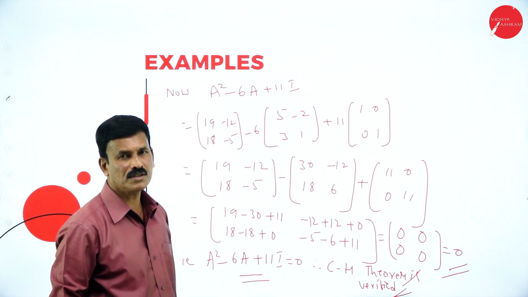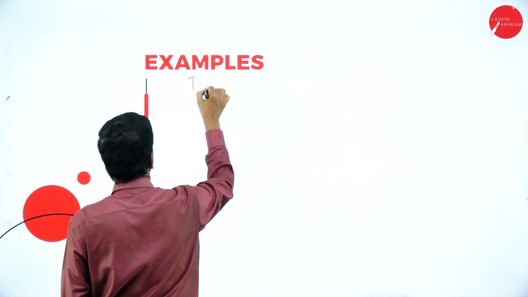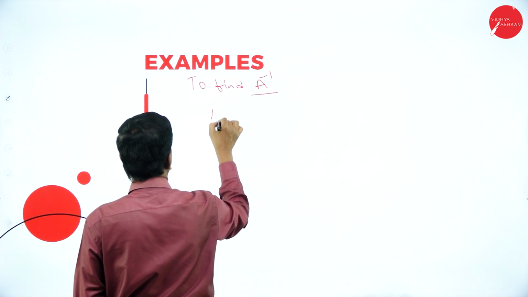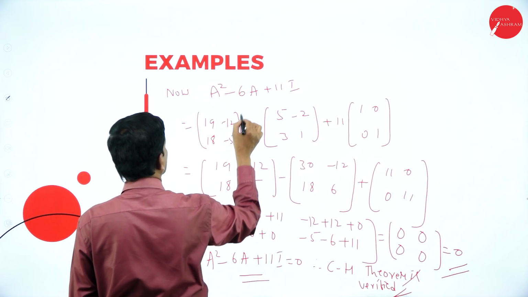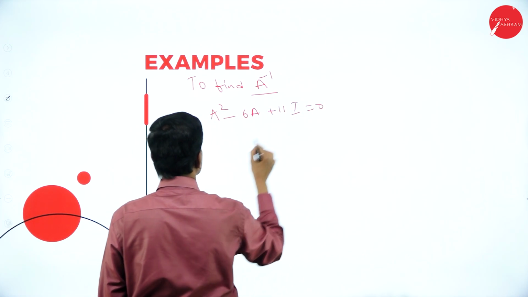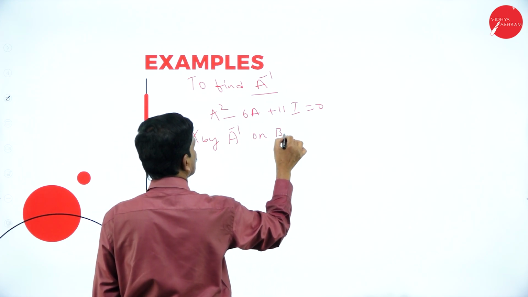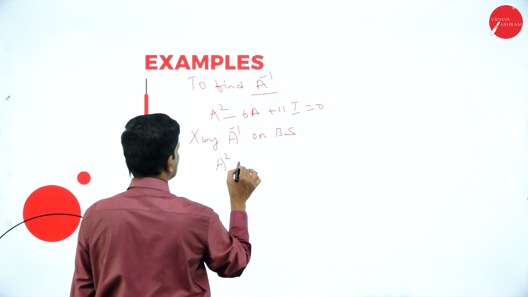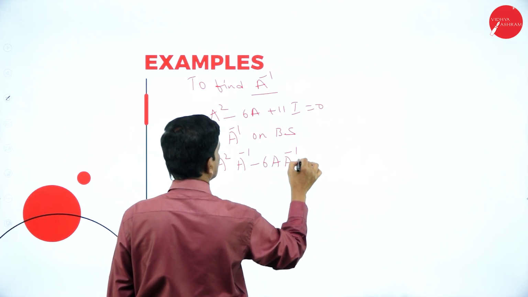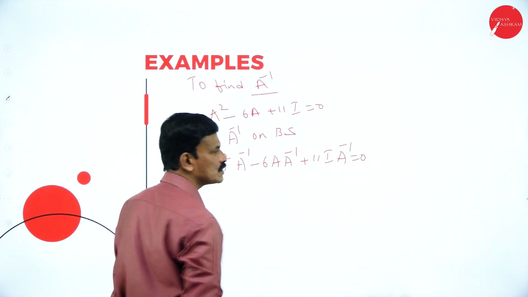The Cayley-Hamilton theorem is verified. So, to find A inverse, we have A square minus 6A plus 11I is equal to 0. Multiply by A inverse on both sides of equation number 2. What you will get? A square into A inverse, minus 6A A inverse, plus 11I A inverse is equal to 0.